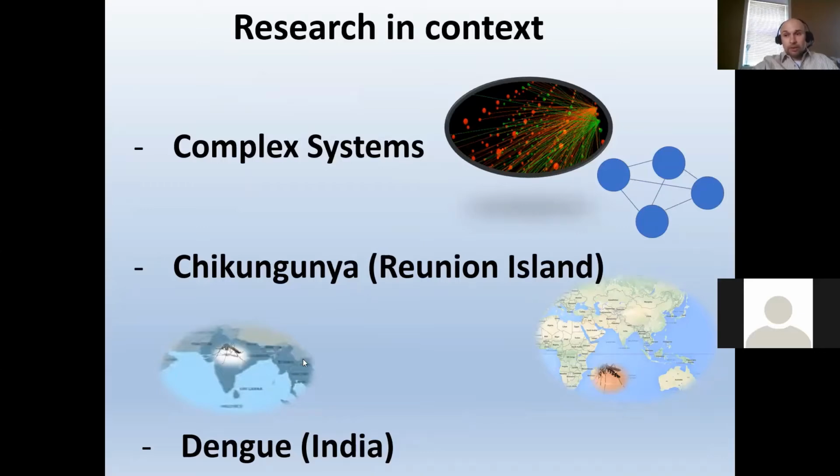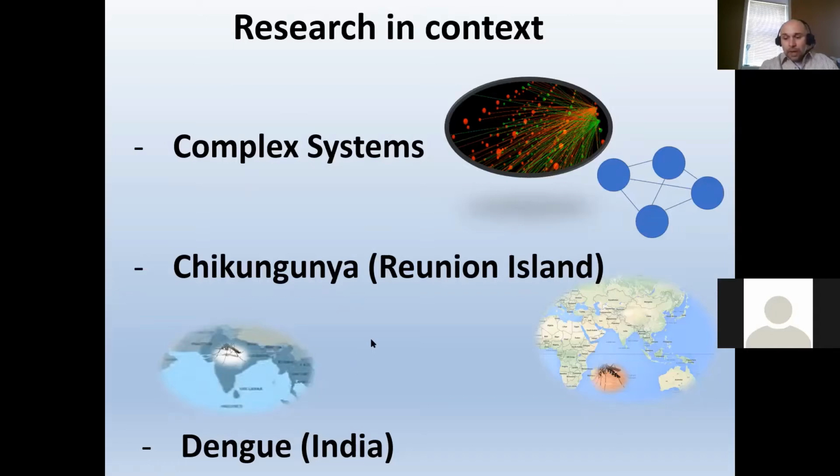Dengue is a problem in India, so our colleagues there knew the problematics of the disease quite well, and together with a team at Le Havre, we built a small model. It was an interesting work on dengue.